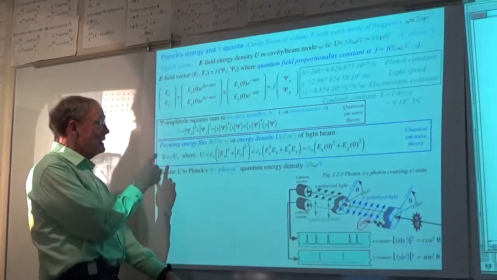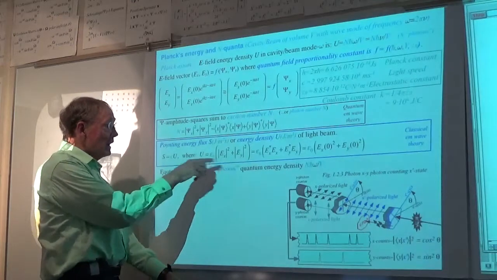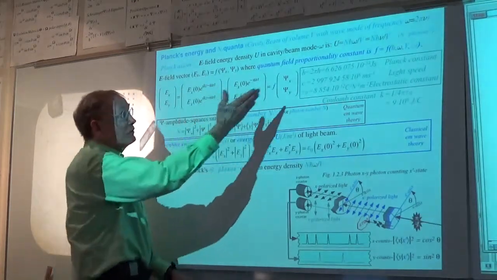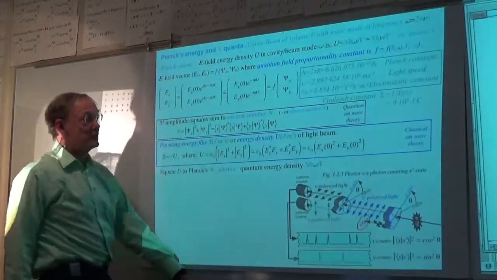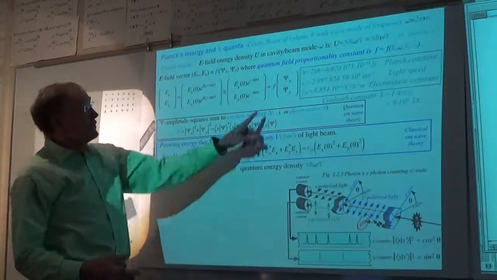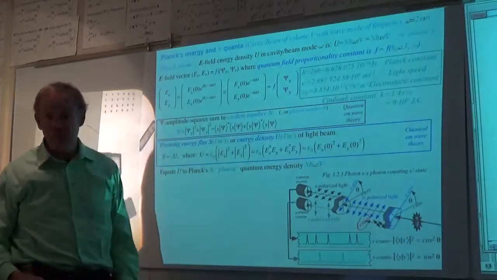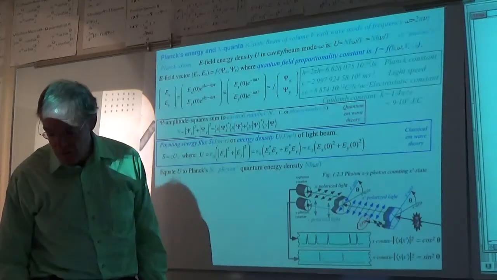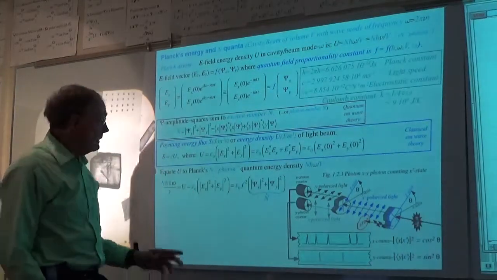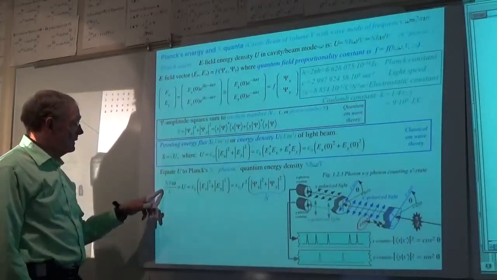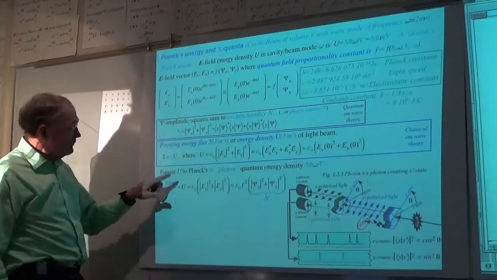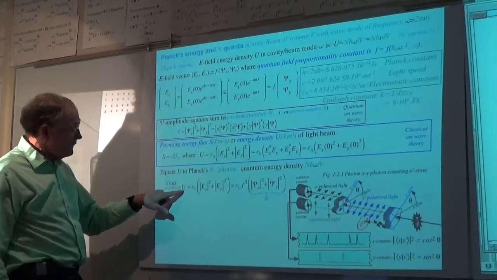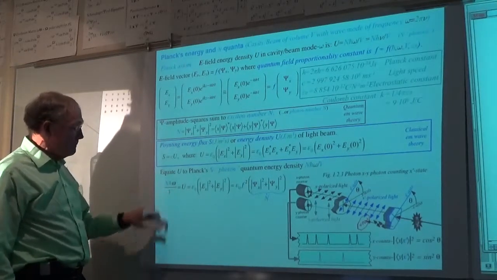So we're going to take this classical thing and connect it to this. There's the energy density according to Planck. And that will give us this constant. That's the job here. So here we go. We go N h bar omega over whatever the volume of the cavity is, U. That's energy per volume.